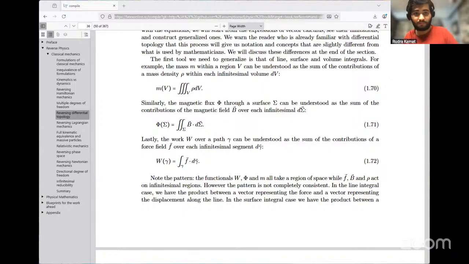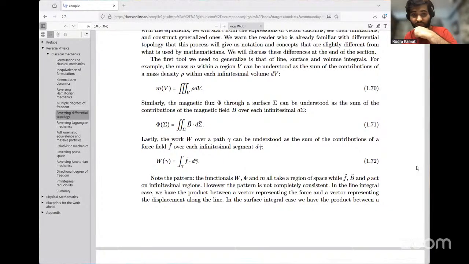Sorry about that. The first tool we need to generalize is that of line, surface, and volume integrals. For example, the mass m within a region V can be understood as the sum of the contributions of a mass density rho within each infinitesimal volume dV. So we have m of V equals the volume integral of rho dV. Similarly, the magnetic flux phi through a surface sigma can be understood as the sum of the contributions of the magnetic field B over each infinitesimal d sigma.